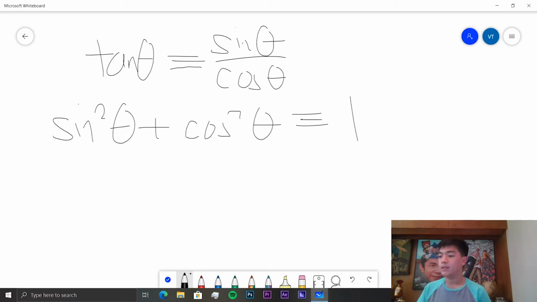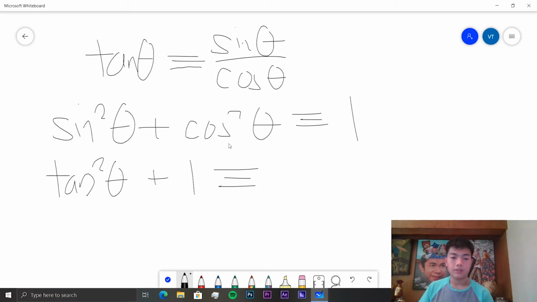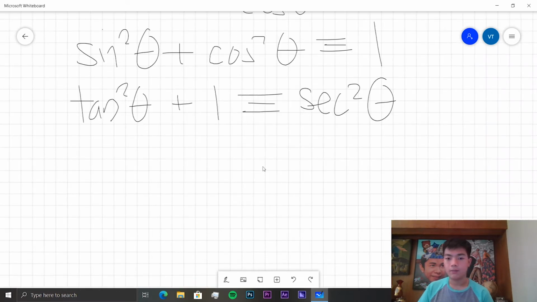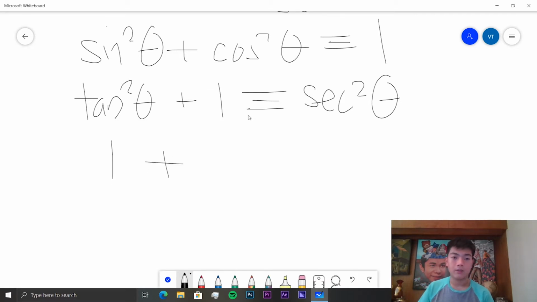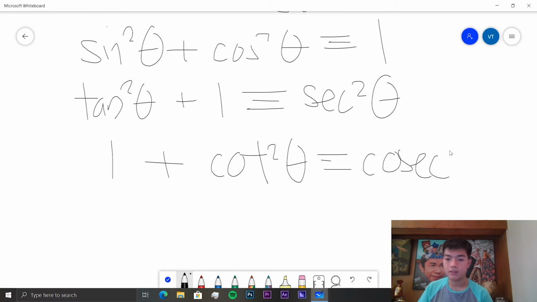If you divide everything by cosine squared theta, you get tan squared theta plus 1 is always equal to 1 over cosine squared theta, which we can write as secant squared theta. And similarly, if we divide everything by sine squared theta instead, then we get 1 plus cosine over sine, which is cotangent squared theta, is equal to 1 over sine squared theta, which is cosecant squared theta.